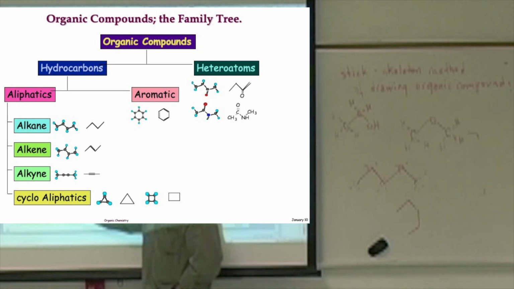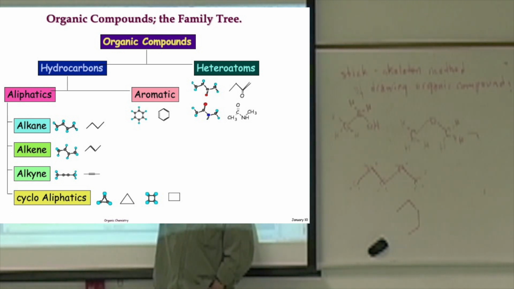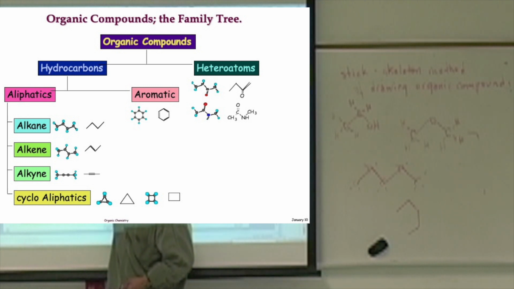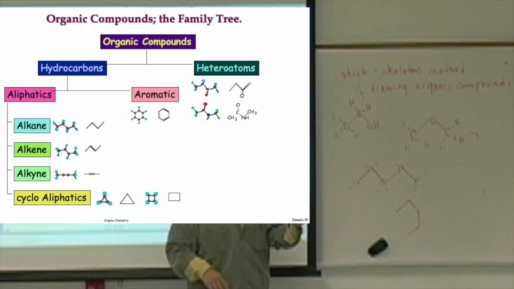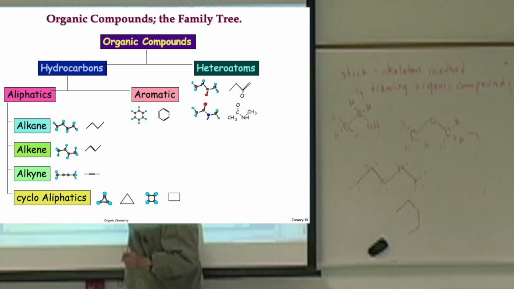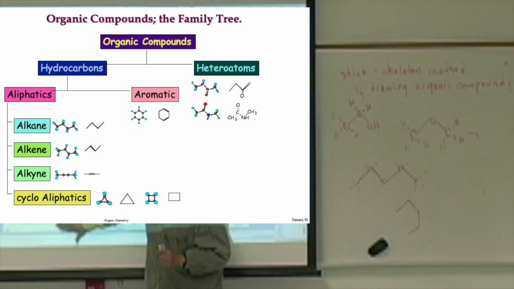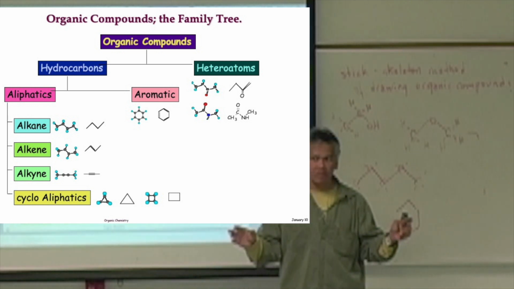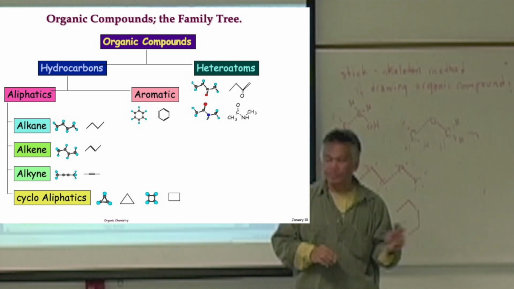In terms of the hydrocarbons, you've got alkanes. Alk in the prefix, alk or al means hydrocarbons. Notice al, al, al, al, al. Al means hydrocarbons. You've got carbon and hydrogens.